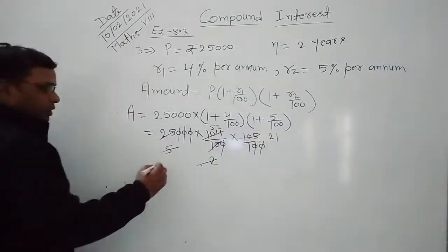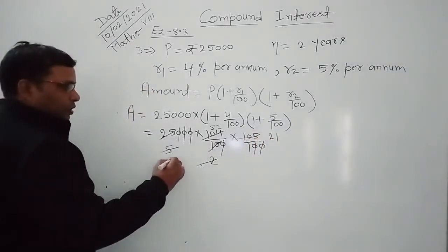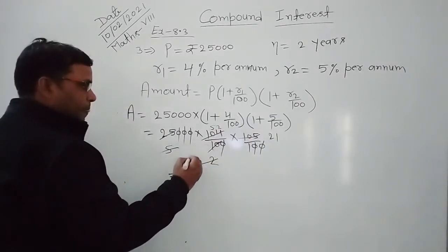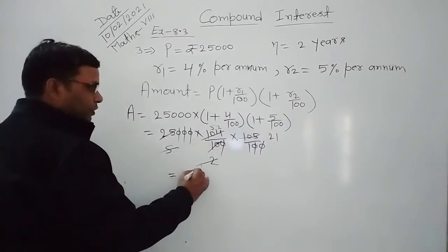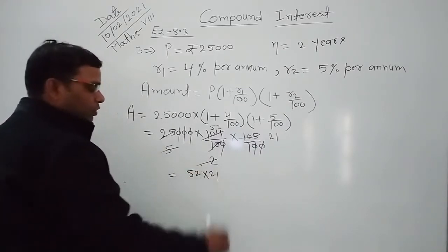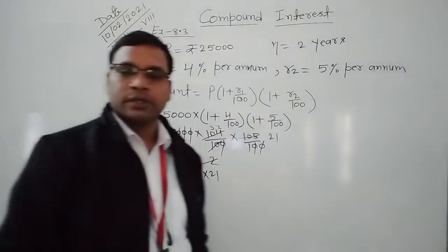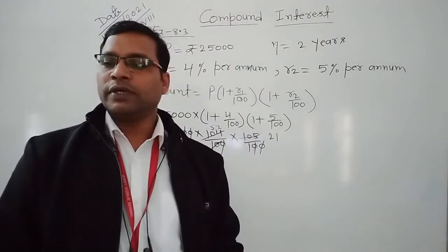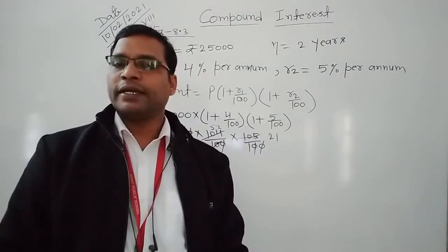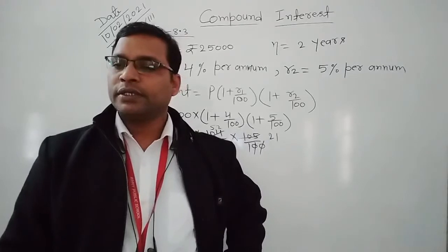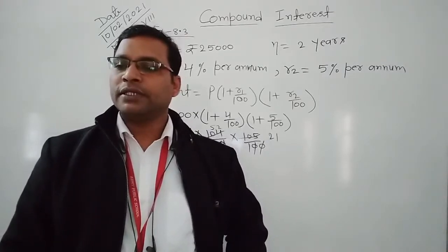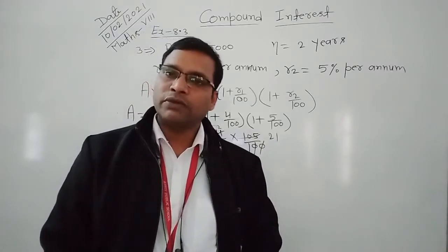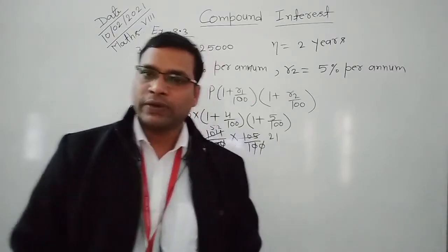So student, this way you find 52 into 21, and if you simplify this, then you get 27,300 rupees.